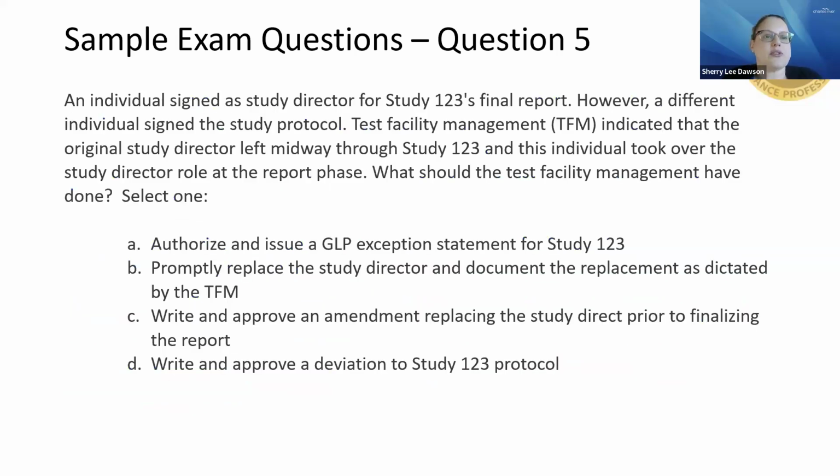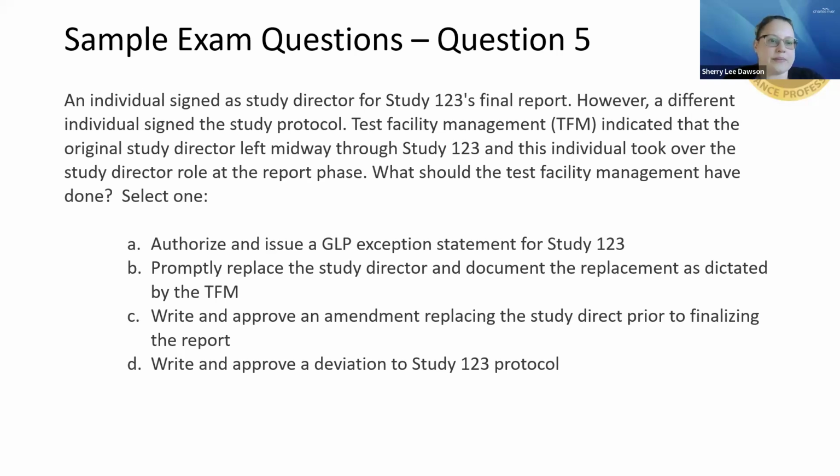An individual was assigned as study director for study 123's final report. However, a different individual signed the study protocol. Test facility management, TFM, indicated that the original study director left midway through study 123, and this individual took over the study director role at the report phase. What should the test facility management have done?